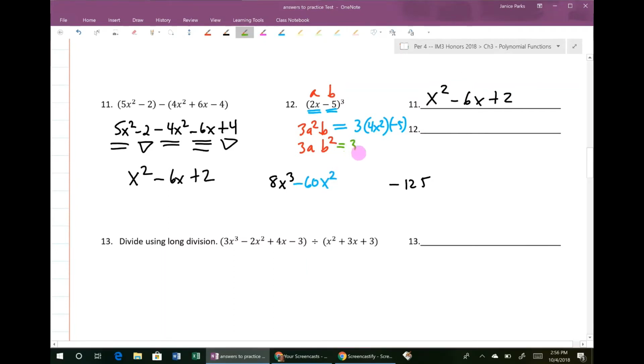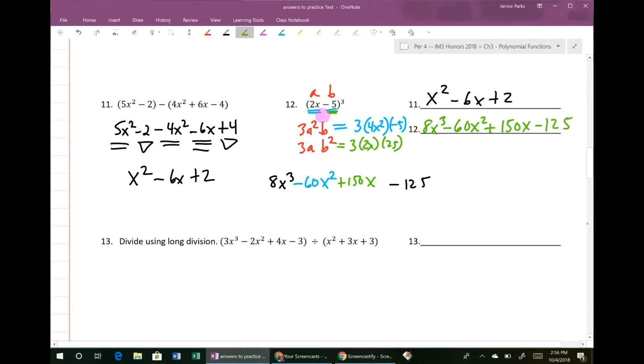And for the next one is 3a, which is 2x, and then b squared, which would be 25. So that's 50 times 3, that's 150. So your answer is 8x to the third minus 60x squared plus 150x minus 125.